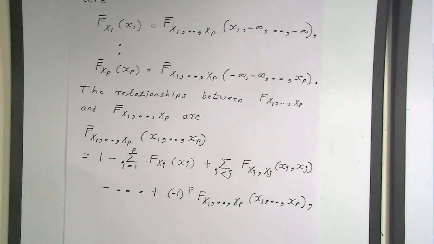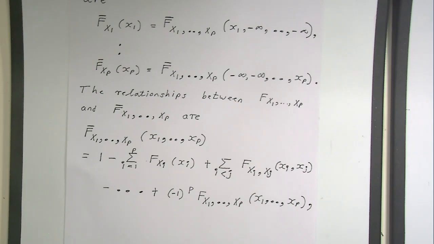So this is how to express F bar in terms of the joint CDFs. The first term is 1, the second term is simply the sum of the marginal CDFs, i from 1 to p. The third term is the sum of the joint CDF of xi and xj summed over all i less than j. So i goes from 1 to p, j goes from 1 to p, but i must be less than j. And so on, and the last term is this one.